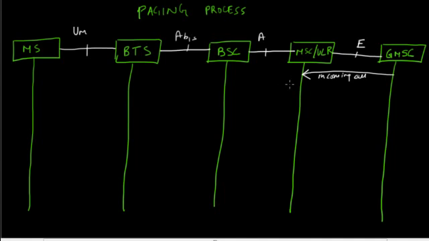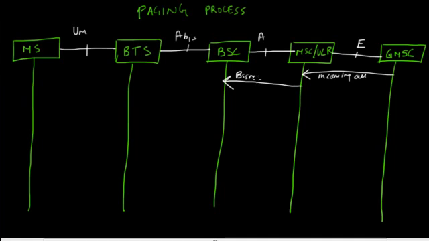So basically the MSC VLR now looks at the LAI, the location area identity of the mobile, and sends a BSSMAP, base station subsystem mobile application part, paging message to all the BSSs which are part of the location area identity.